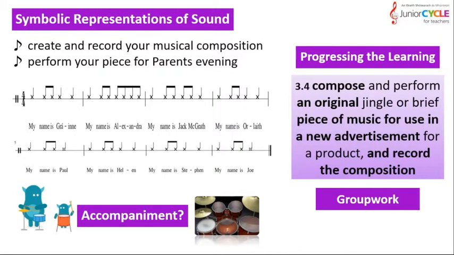By the students creating and exploring their individual rhythms, they can compose an original piece of music for use in a new advertisement, which could be an advertisement for their class on a parents' evening, for example. Linking to our earlier digital learning and exploring of the drum kit, they can then create and explore what accompaniment they will use to support their performance.